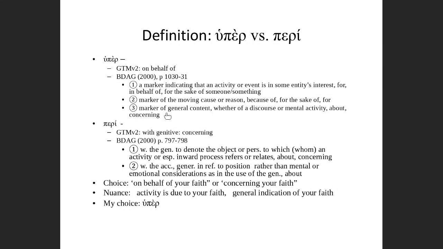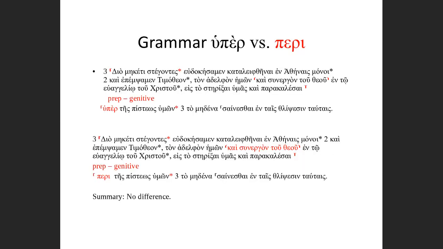Okay, so on behalf of or concerning. The choice is then on behalf of your faith or concerning your faith. The nuance is due to your faith or an indication of your faith. So in that case, I would say an activity due to your faith. Now, you should look at the text and determine if that's what you think the right text is based on the historical place.